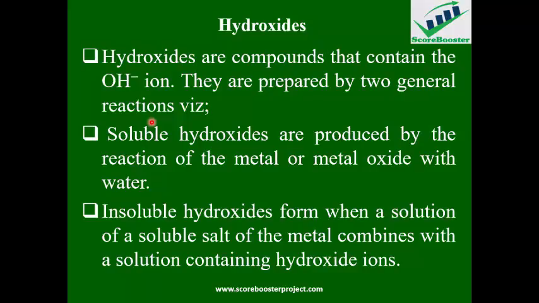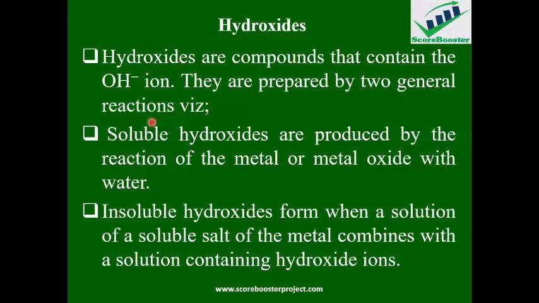The second method is for insoluble hydroxide. How do you prepare an insoluble hydroxide? You start with a solution of a soluble salt of the metal whose hydroxide you want to prepare, then combine it with hydroxide ion. How do you get hydroxide ion?